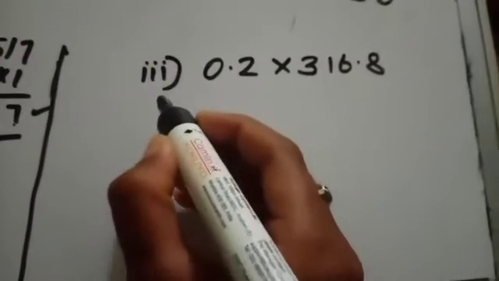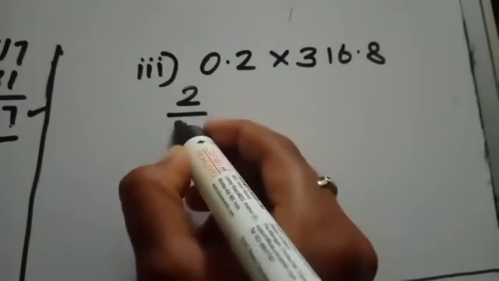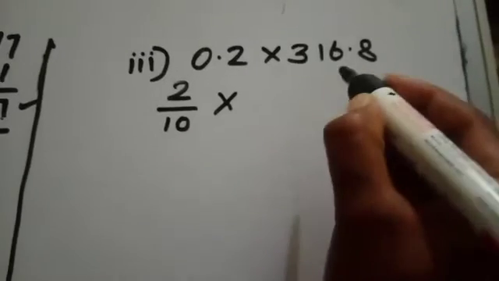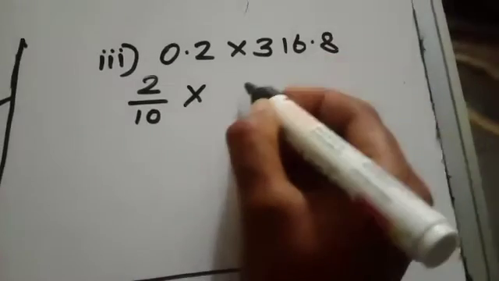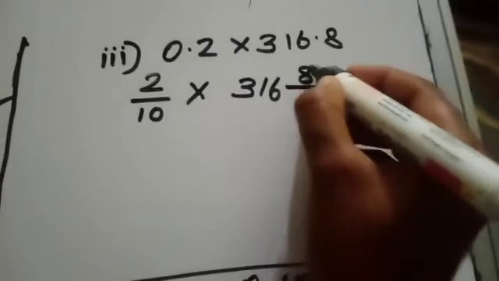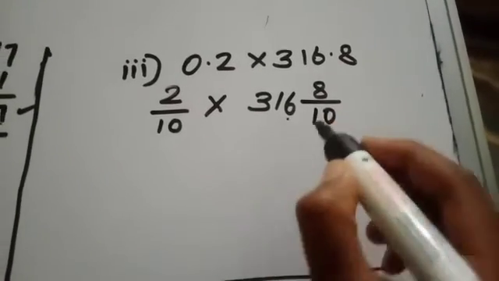Now 0.2 can be written in the form of fraction. 2 is in the 10th place, so 2 upon 10 multiplied by 316.8. 316 is the whole number, right? 8 is in the 10th place, so let us write 8 upon 10.